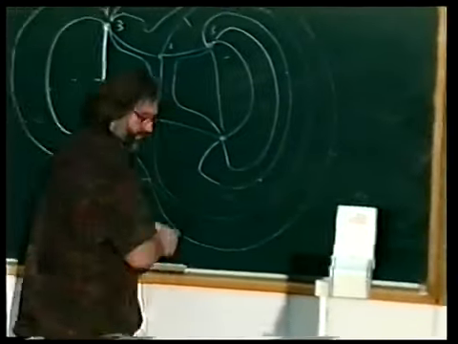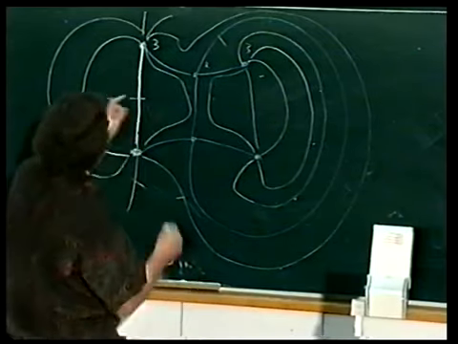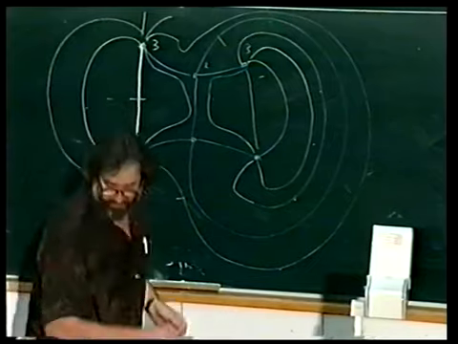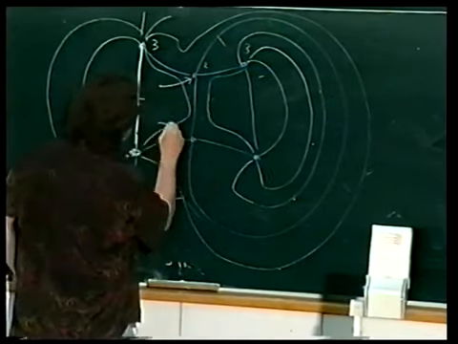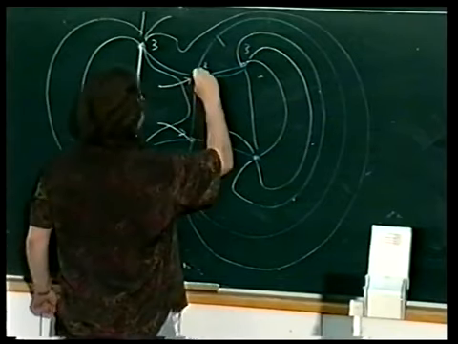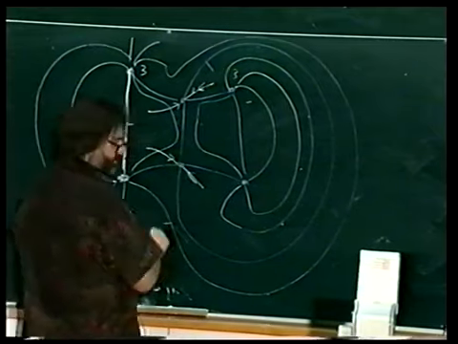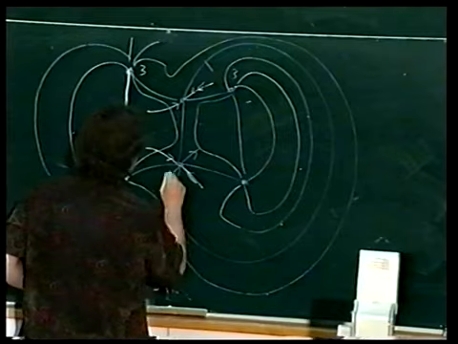So now one can study how the stable and unstable manifolds of the hyperbolic orbit are situated in the space. And they are precisely situated like this. So this here is the stable manifold, and here is the unstable manifold.